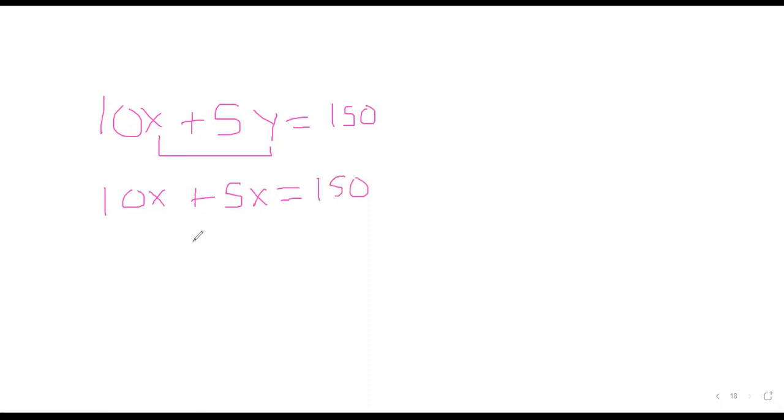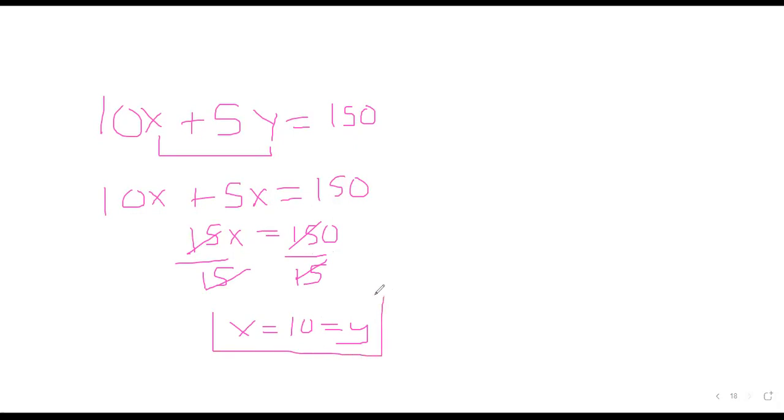Then when we add these two, we're going to get 15x is equal to 150. Then to find the value of x means we found the value of y as well. So we divide both sides by 15. And so our x is equal to 10. So if x is equal to 10, x is equal to y. So we have found the values of x and y.